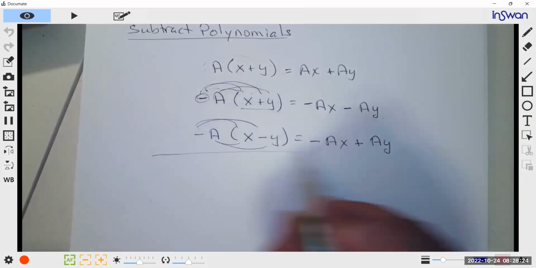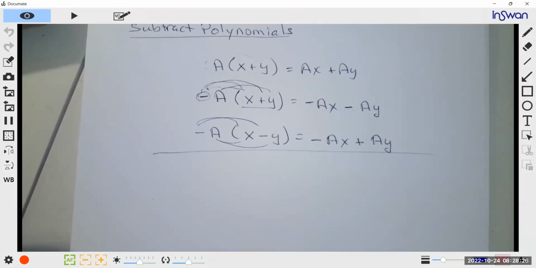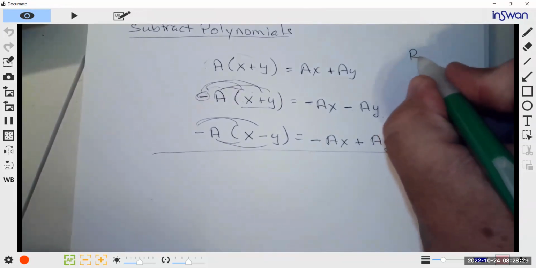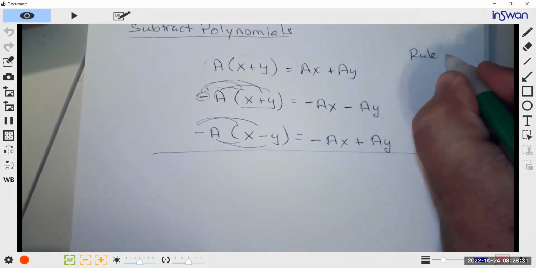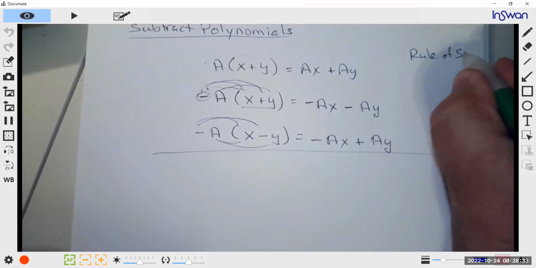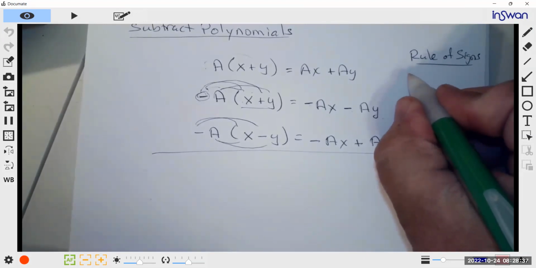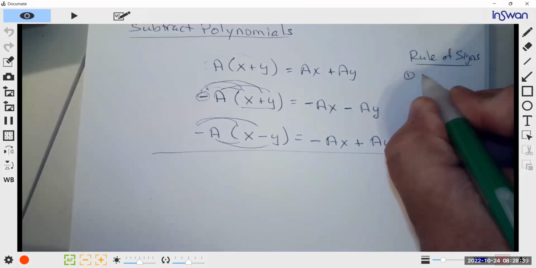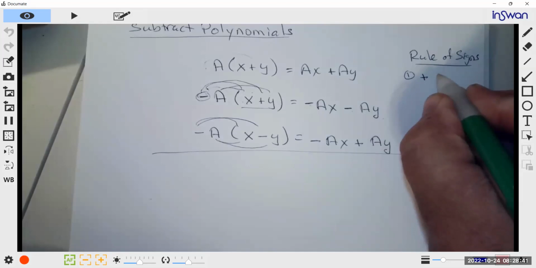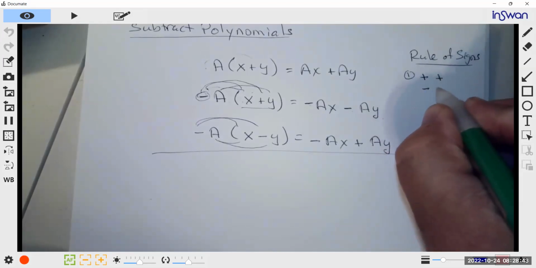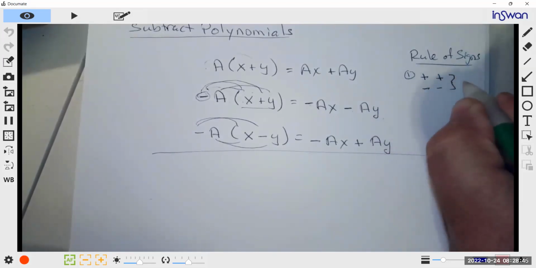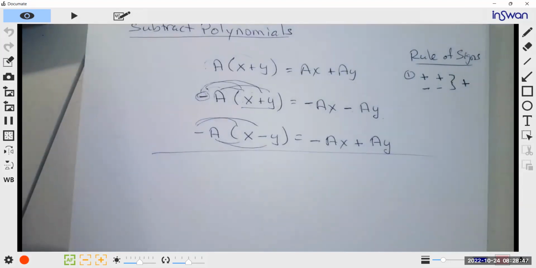Right, so let's look at examples. So basically the rule is this. Rule of signs. When you're multiplying, if the signs are the same, they become a positive.